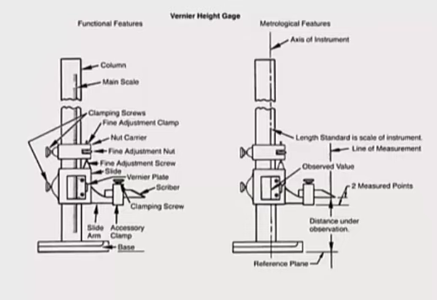The metrological features are the axis of the instrument, the length of the standard, the line of measurement, the observed value, the two measured points that are optional, the distance under observation, and the reference plane.